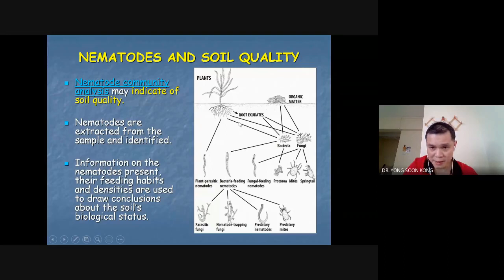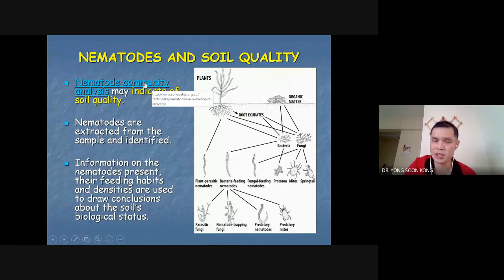From this diagram, you can see nematodes can eat various different sorts of food. They sometimes can be a parasite to the plants, just like you saw just now, the root knot parasite. Some of them just eat bacteria, some of them just eat fungus. From these two, the ratio between the bacterial and fungal feeding nematodes, you can estimate how good the soil is.